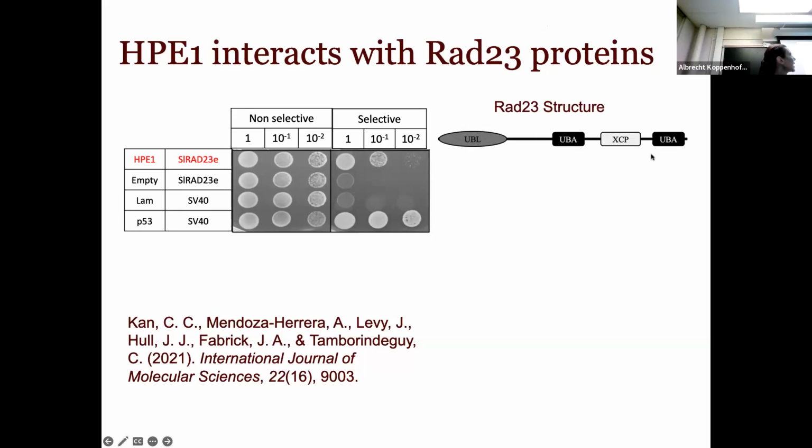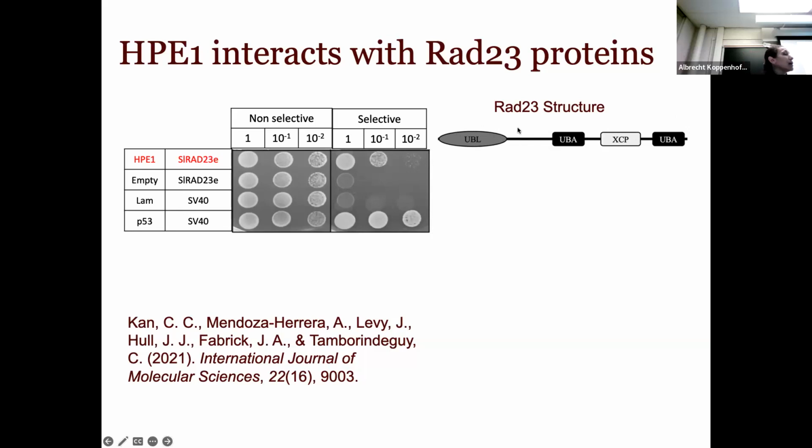On the C-terminal, it has the UBA domains that interact with the ubiquitinated proteins. So this part of the protein binds to ubiquitinated proteins, and they take the proteins to the proteasome, and this part gives the protein to the proteasome for destruction. We know that our effector interacts, I lose the mouse, with this part of the protein.